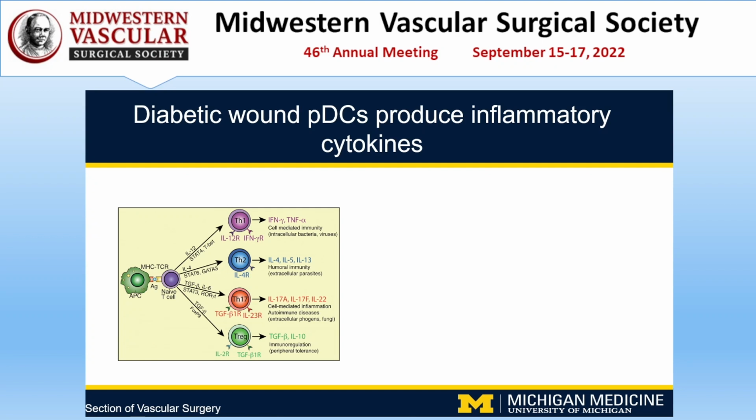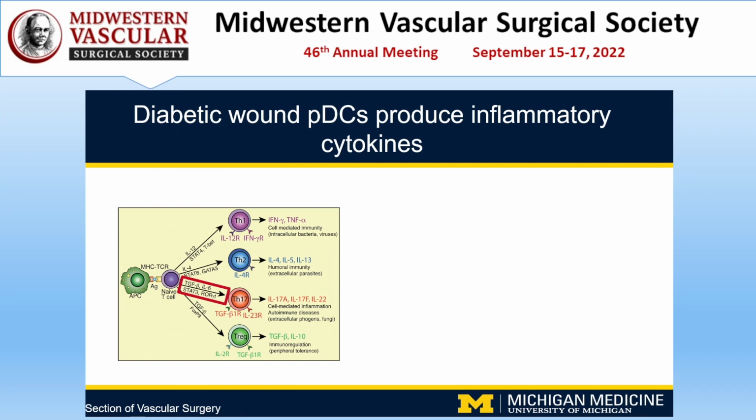What I'm showing you here is a diagram of the different types of T cells and what it takes to become a Th17 T cell from a naive T cell, which is seen in the purple to the left of the screen. What it takes is elevated levels of TGF-beta and IL-6 in particular in order to create a Th17 phenotype.